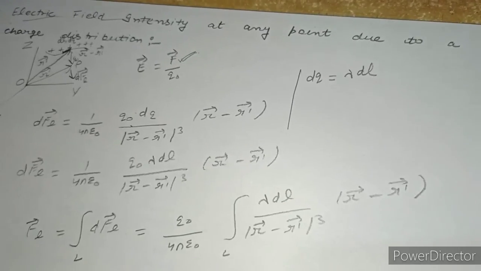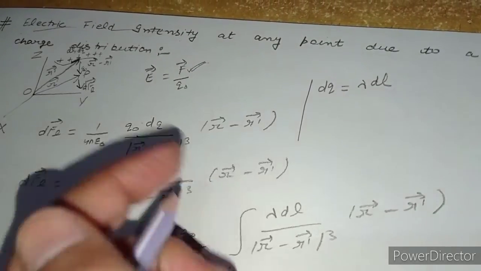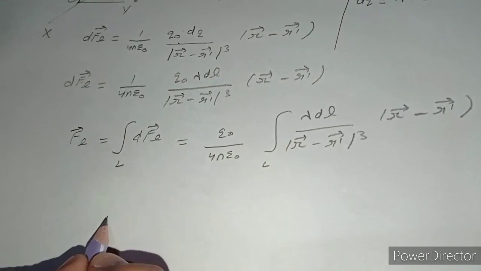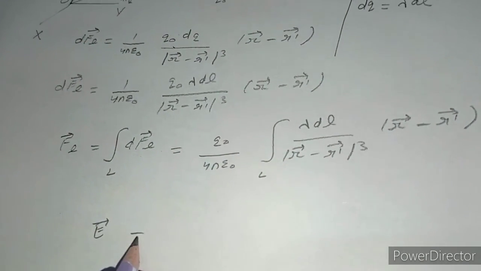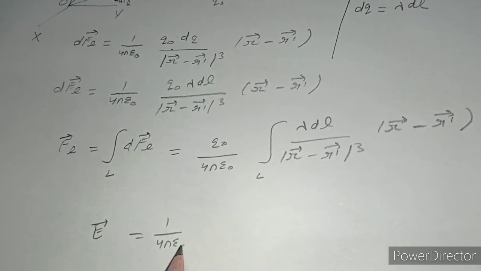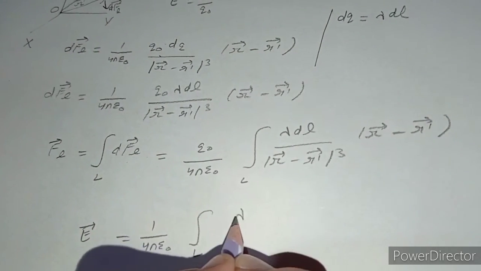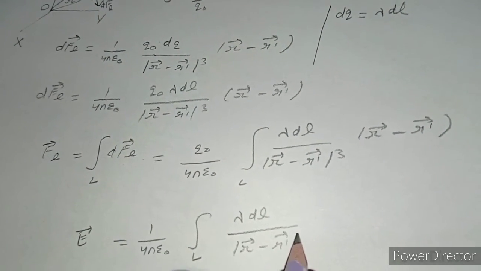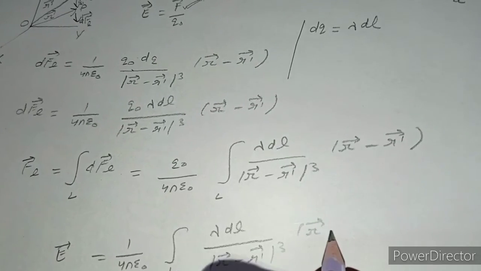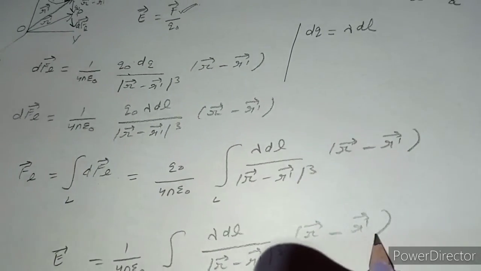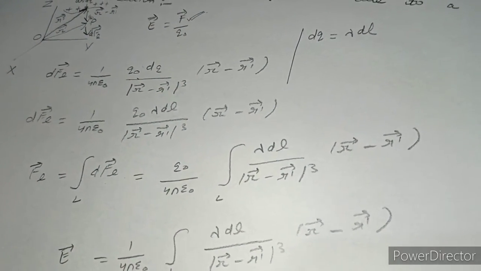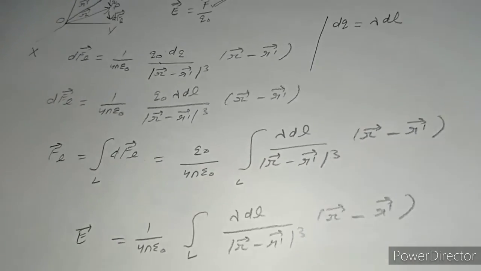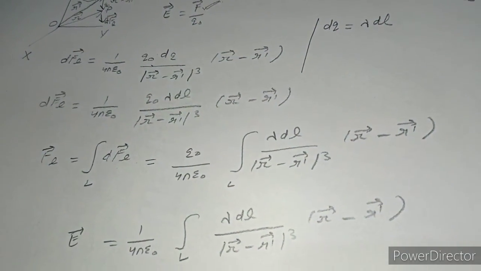This is the value of F. Put this value in the expression for E. q naught will cancel with q naught, and the expression for E will be 1 by 4 pi epsilon naught integral over L of lambda dl times r vector minus r dash vector over the magnitude of r vector minus r dash vector cubed. This is the expression for electric field intensity due to linear charge distribution.